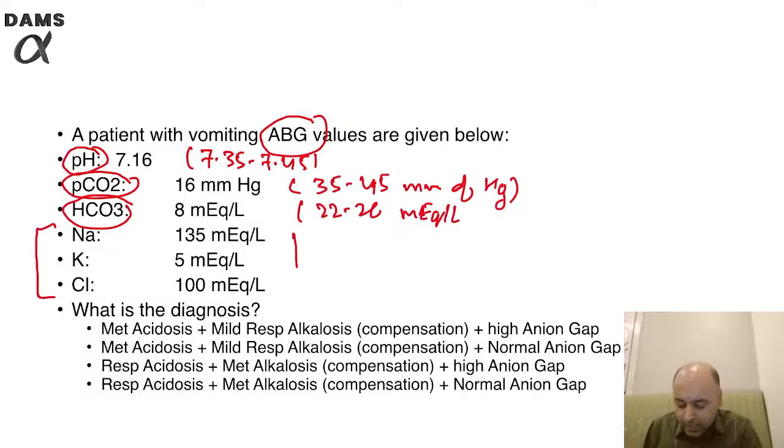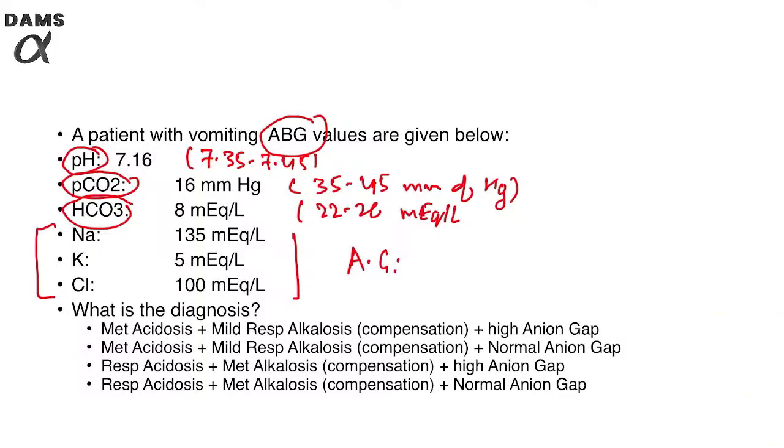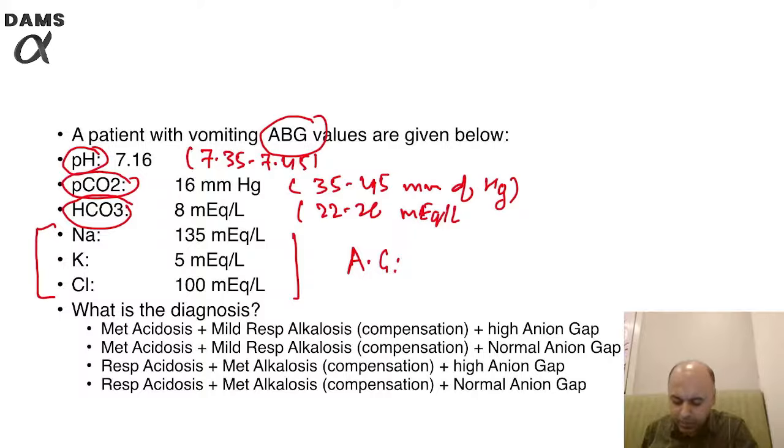And for anion gap, the value is 8 milliequivalent per liter.